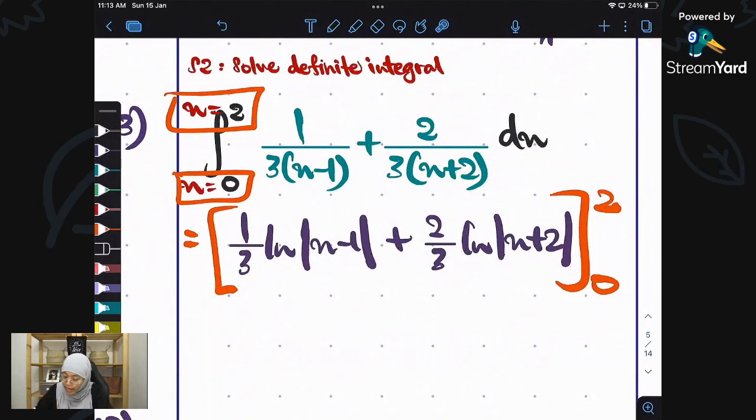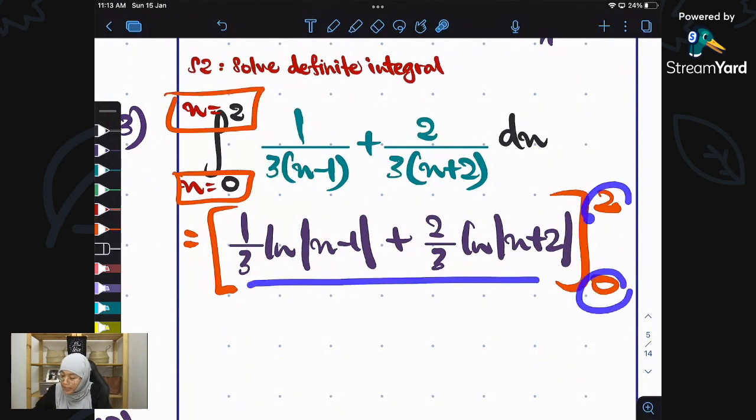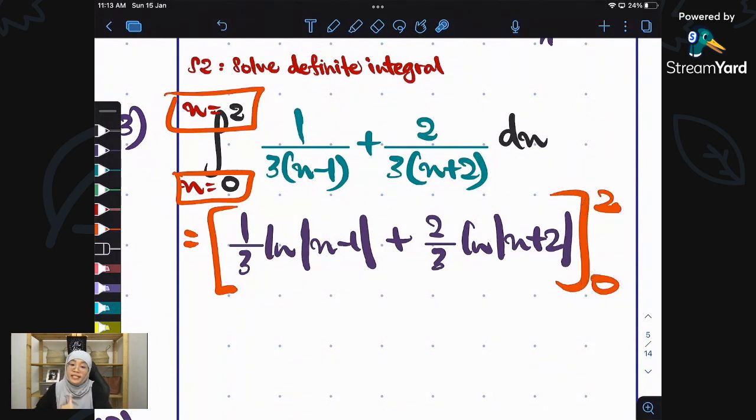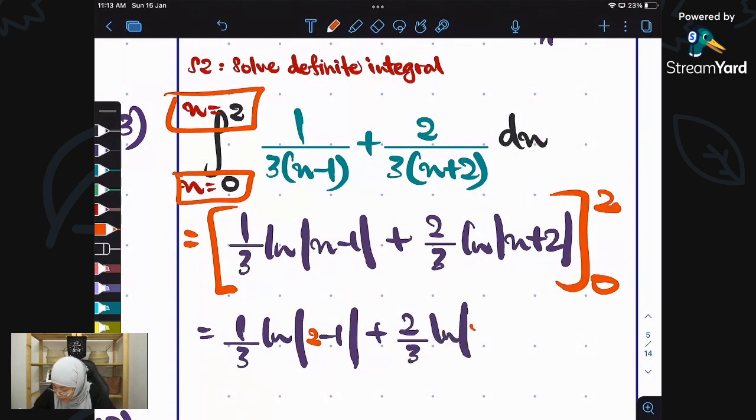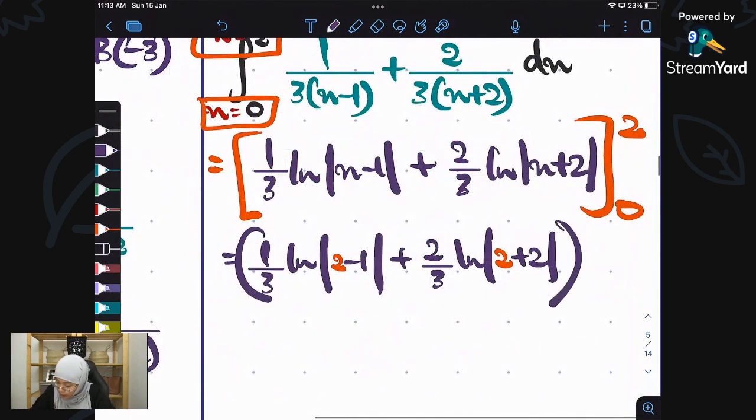When the moment you write down the answer with the limit, it give you another mark. Okay, make sure you don't put plus c. And then we'll give you 1/3, what is it? Ln 2 minus 1 plus 2/3 ln 2 plus 2. So this is the first answer.